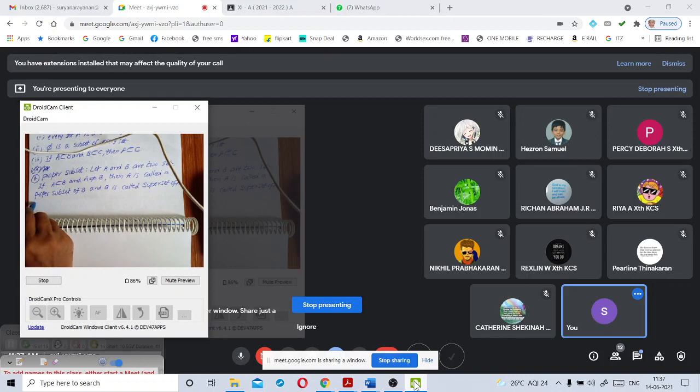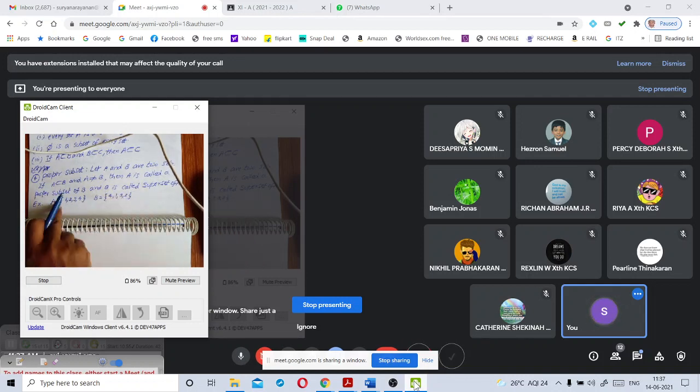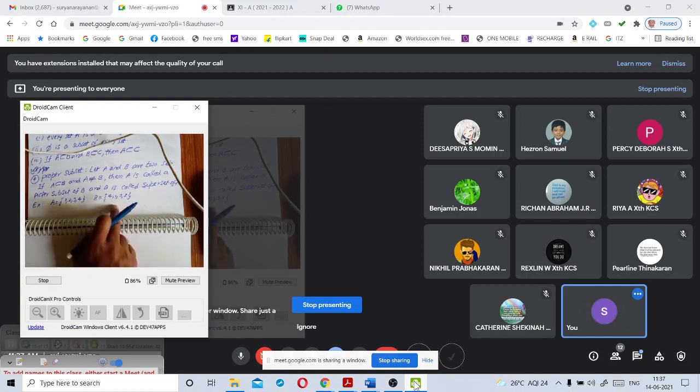Suppose A is equal to the set {1, 2, 3, 4} and B is equal to the set {4, 1, 3, 2}. Can we say that A is a subset of B or not? Yes, sir.